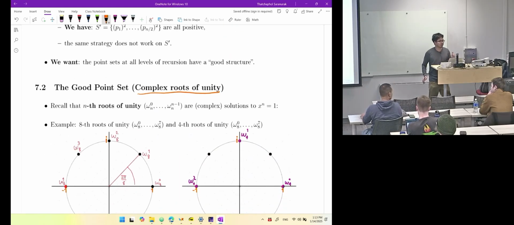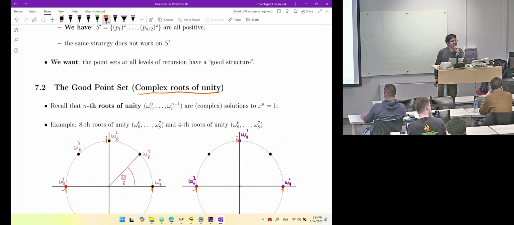We fix all of them, which is going to be the roots of unity. One more question: how does the identity where you have two polynomials of degree n minus 1 sharing n points, being congruent, relate to this?